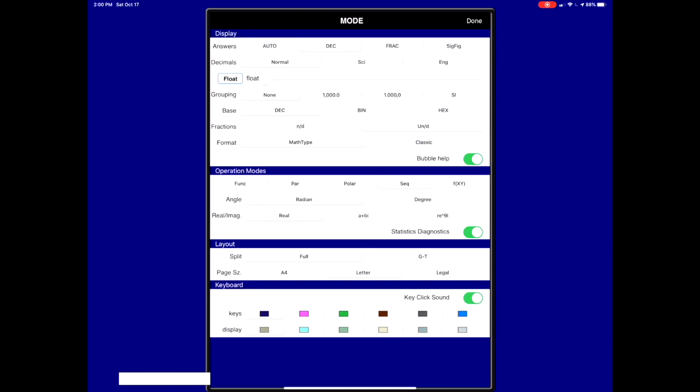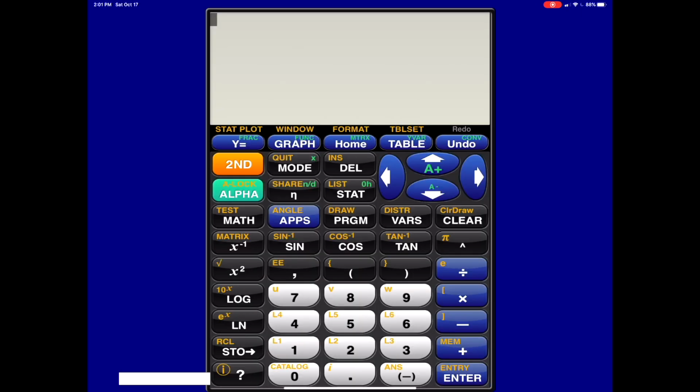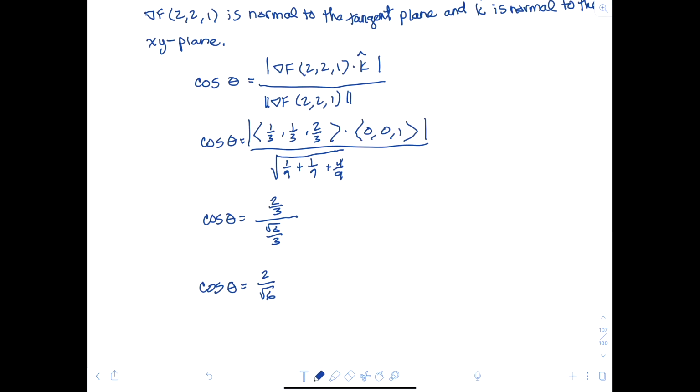Let me see what mode we're in. Let's do this in degrees. So we'll have arc cosine of 2 over square root 6, so we get approximately 35.3 degrees for theta.